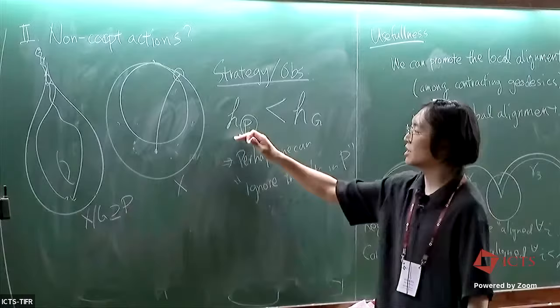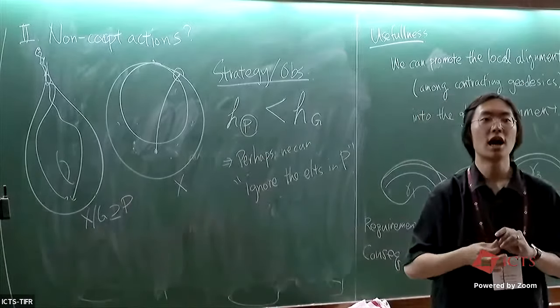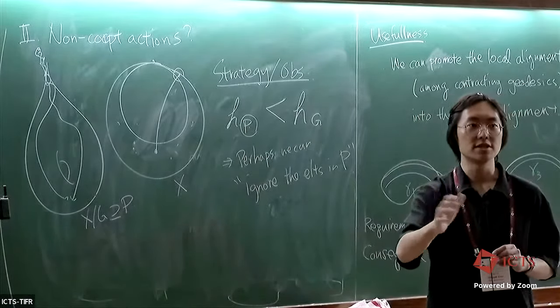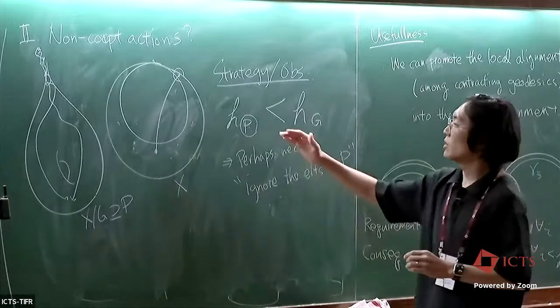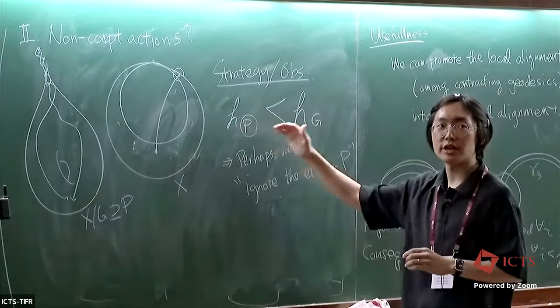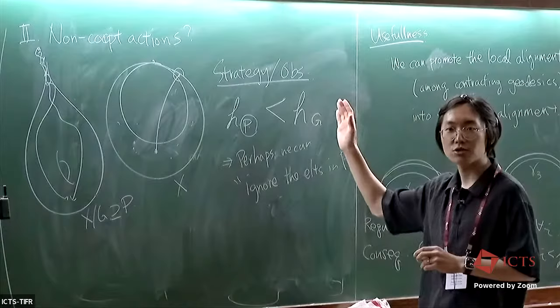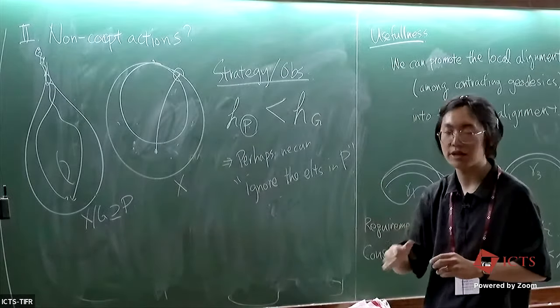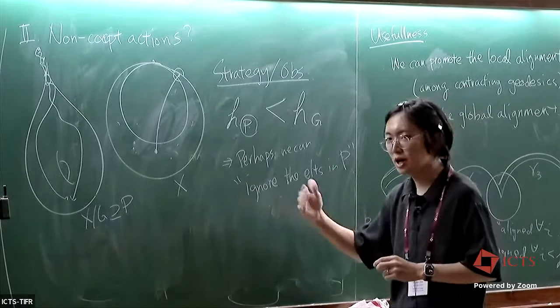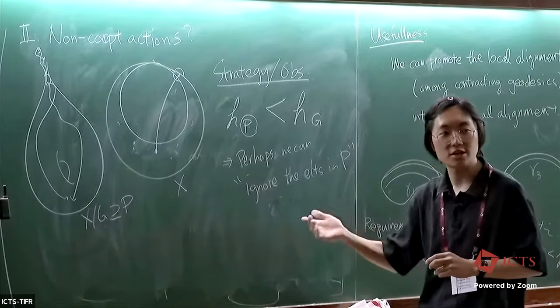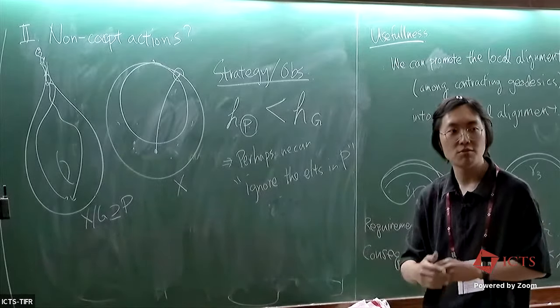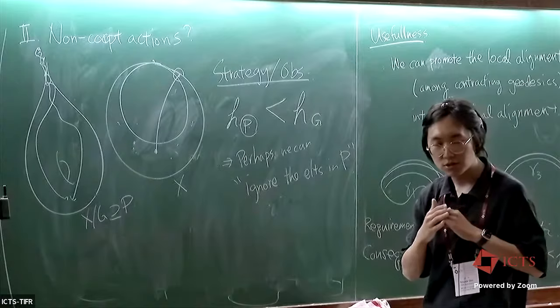This critical exponent basically tells you how large the population is inside the ball of radius R. When it's exponentially smaller than the actual population that you should count, then you might want to ignore them. Okay, this is not the proof. Actually, the proof is quite involved, but this is the strategy.